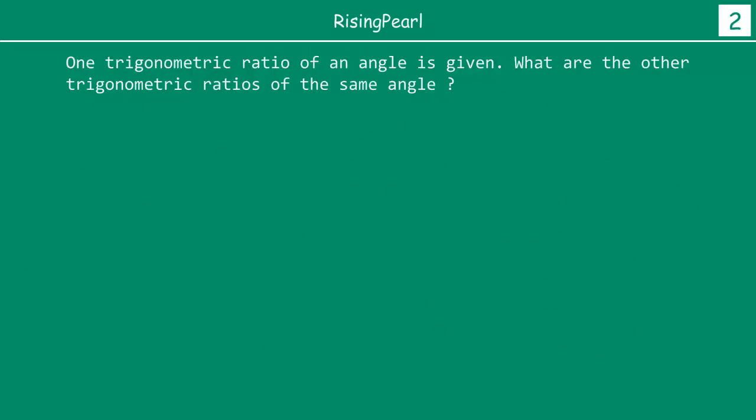Now friends, we have also seen in the earlier two episodes that one very common question format is that one trigonometric ratio is given and then we find out what are the other trigonometric ratios of the same angle. How do we solve these questions?